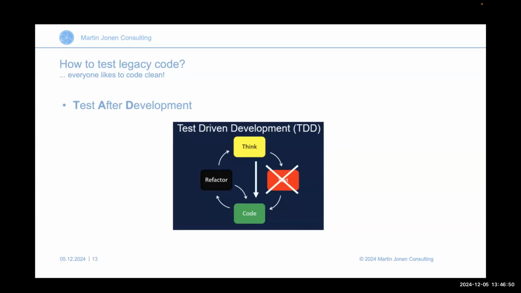In this test after development cycle, we have to skip this red test because our coding is existing. We want to write a green test. And this is mostly very problematic. That could be a problem because if we have no red test, there's no chance to find out if our test case is working fine or not.